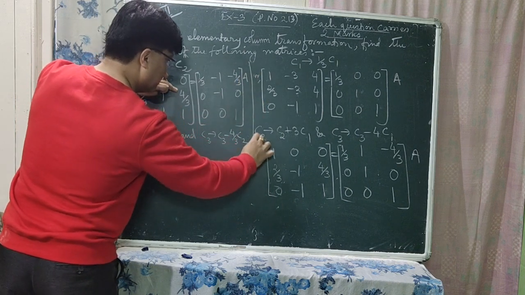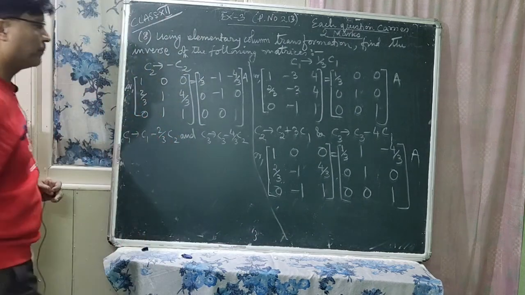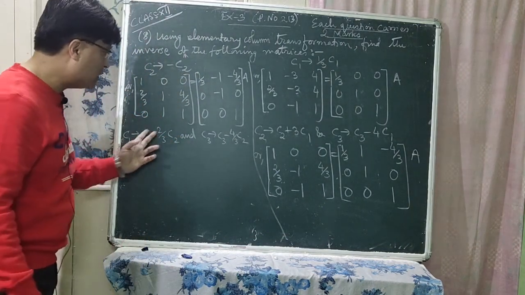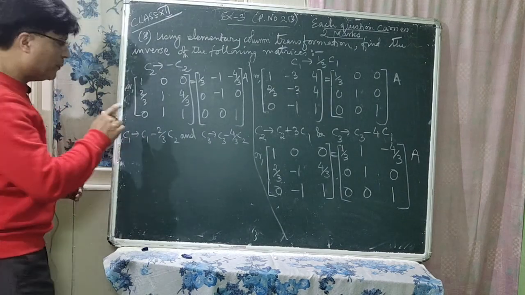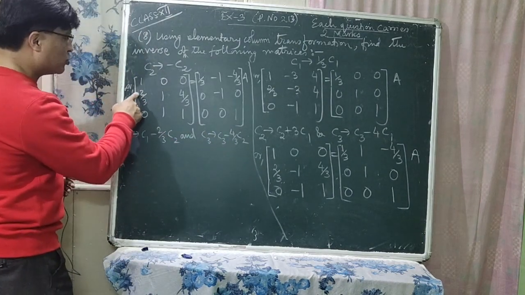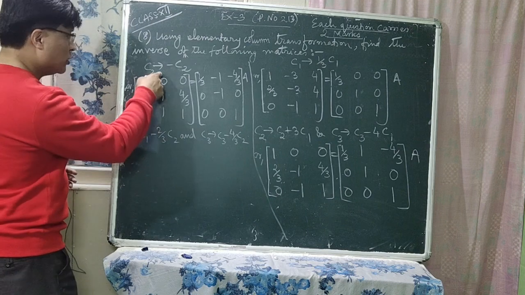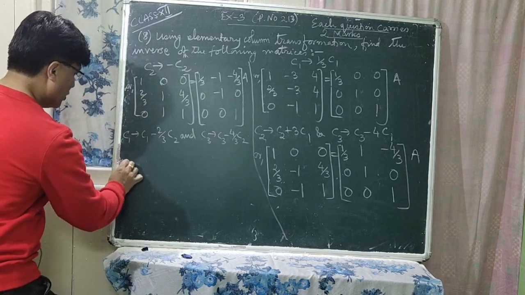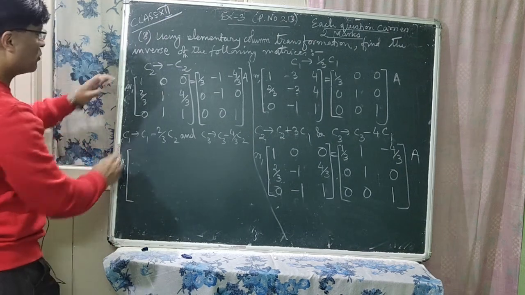Is that clear? Now we will use this property to make this 2 by 3 0 and 4 by 3 0 using second column, right?